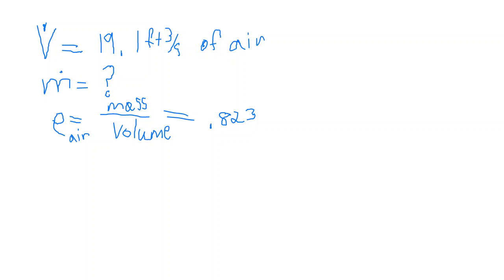So, Cassandra, what were your units? Ah, well, that's why. So 0.0765, is it then? Because we need it in US customary units.